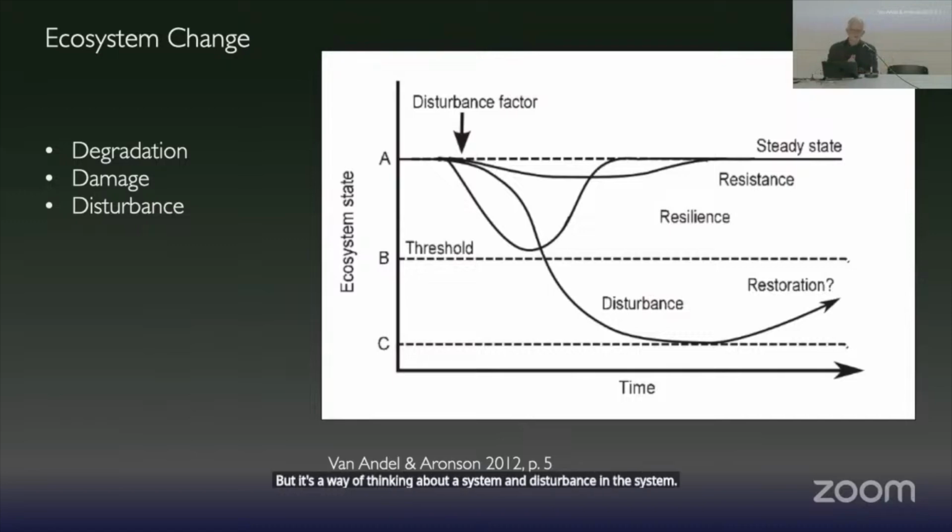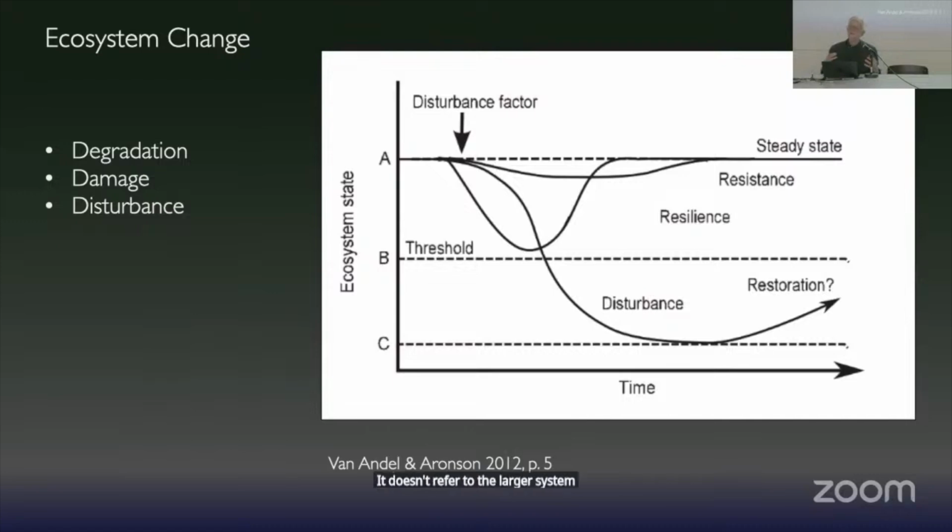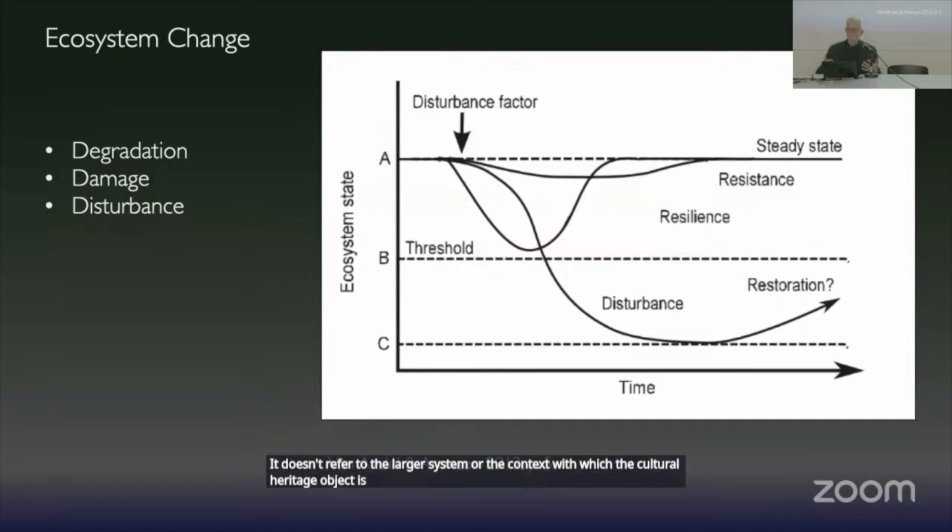Whereas degradation and damage refers to breaking a pot or corroding metal or varnish yellowing. It doesn't refer to the larger system or the context in which the cultural heritage object is. So we like that idea of disturbance, maybe over degradation and damage.